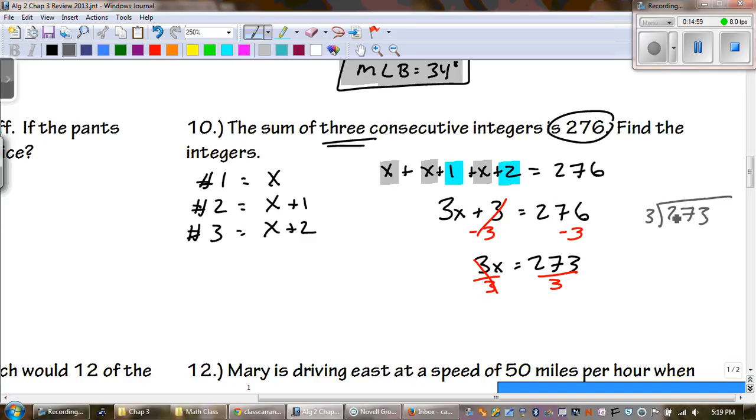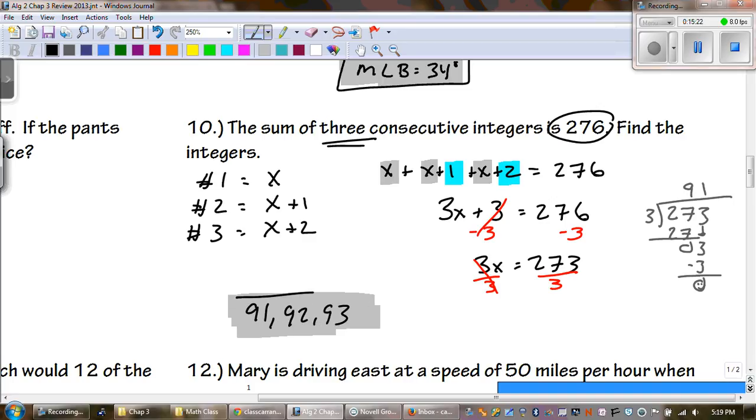Well, 3 goes into 2, nope, but it goes into 27 9 times, and 3 goes into 3 once. So our 3 consecutive numbers, well, our first number is 91. And then the next 2 numbers that are next to it. So 91, 92, and 93.